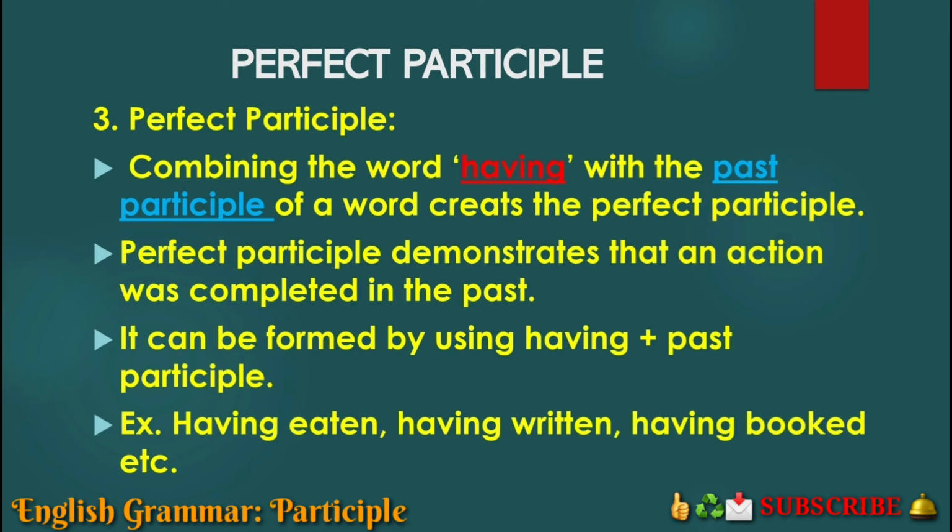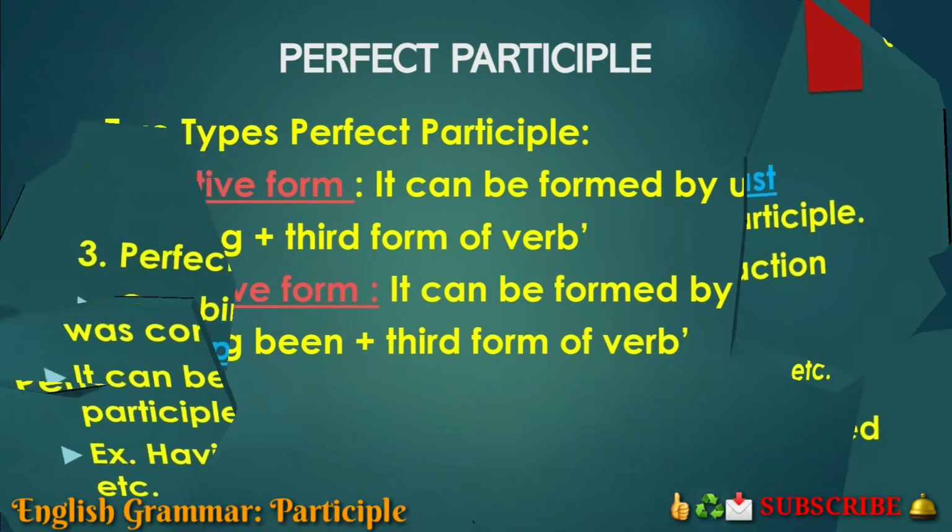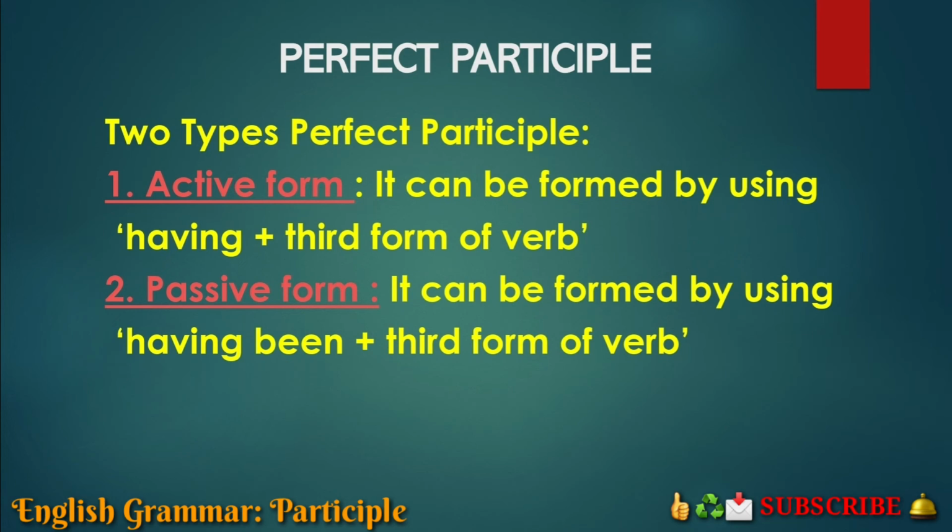Now let's have a few examples. Perfect participle has two forms: one is the active form and the second one is the passive form. The active form can be formed by using having plus the third form of the verb.